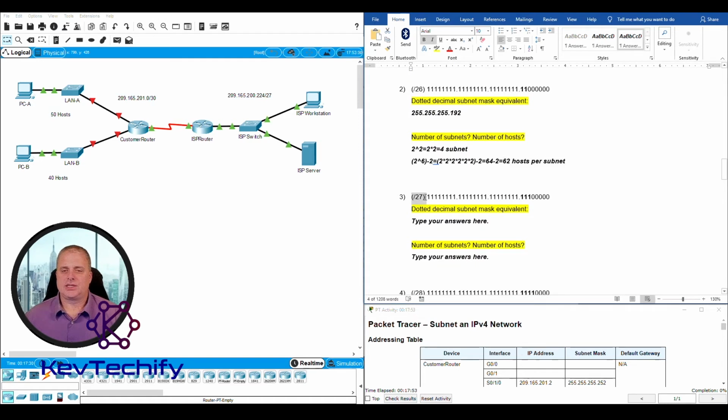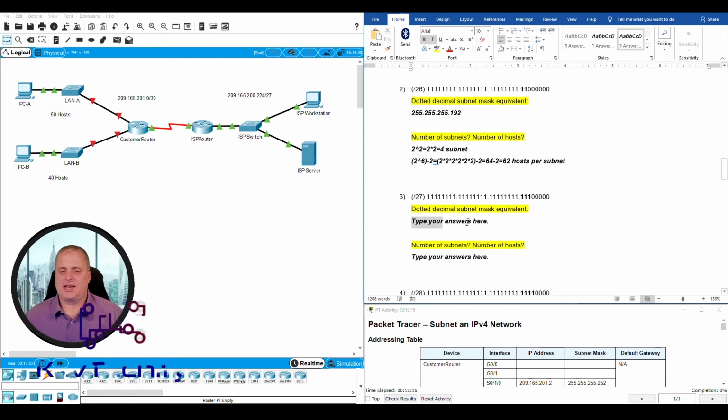Onto our /27 network. /27 means 27 bits in the network portion. 8 plus 8 is 16, plus 8 is 24, 25, 26, 27. That gives us, we are borrowing 3 bits from our original /24 for our /27.